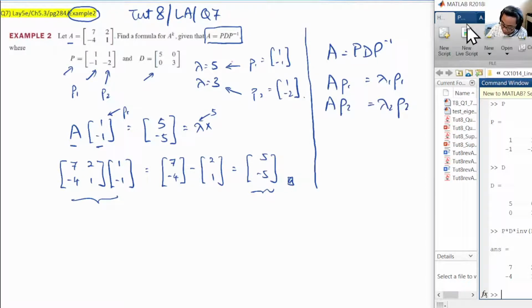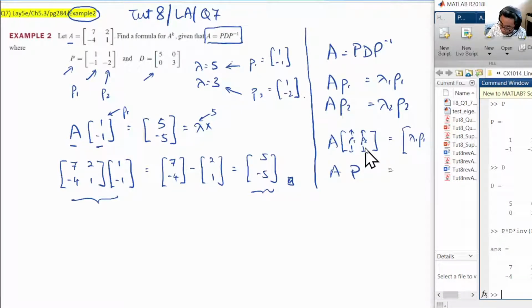Now, if we collapse P1 and P2 to be this form, then we can say that this is A times the P matrix. Observe that A times the first column of P equals lambda 1 P1, and A times the second column of P, P2, equals lambda 2 P2.